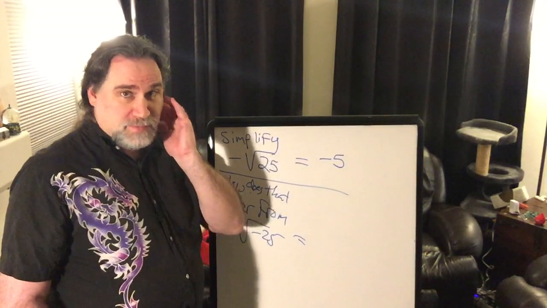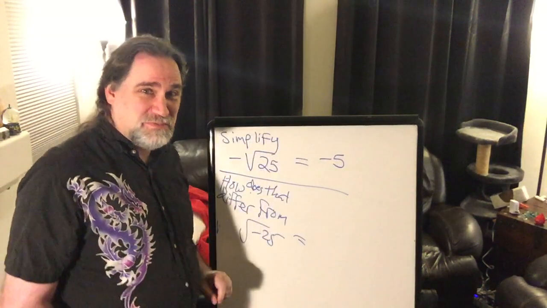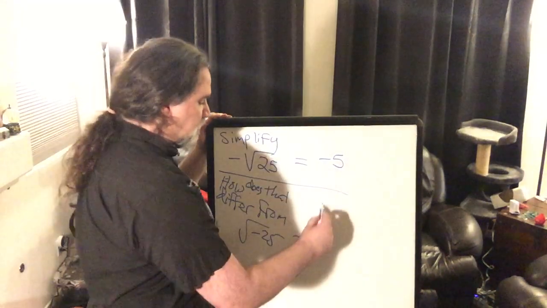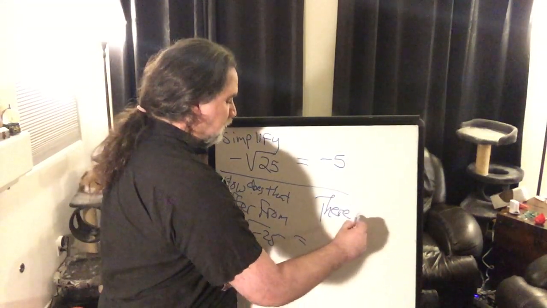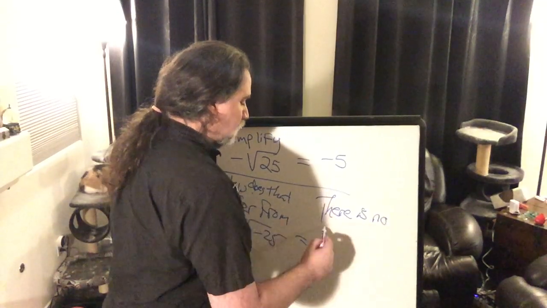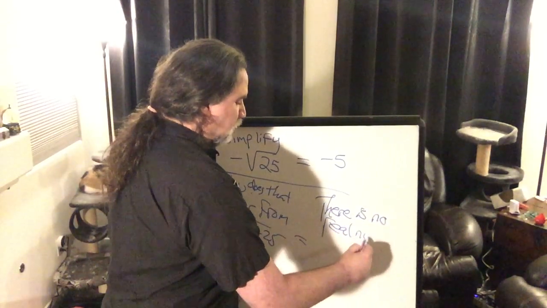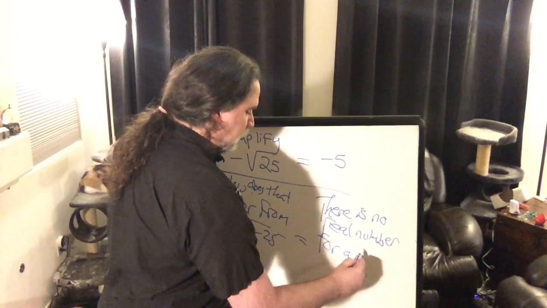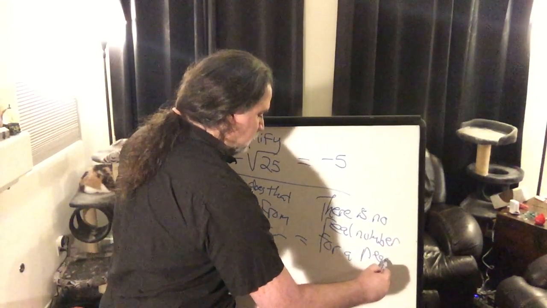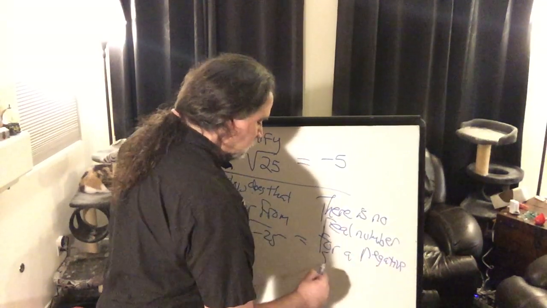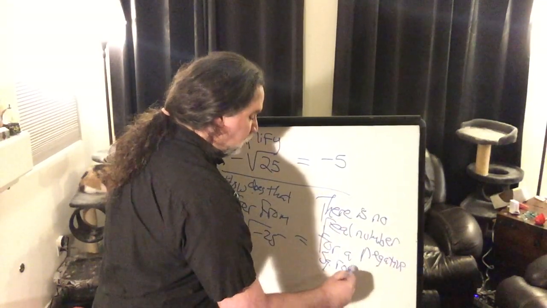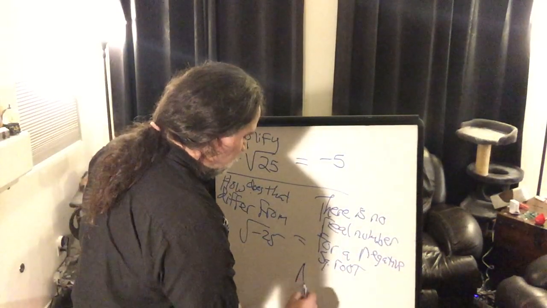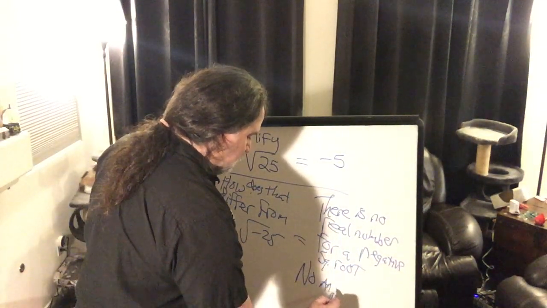Okay? And I'm going to be very specific on this one because there is no real number for a negative square root. Well, what does that exactly mean to us? That means no answer. No answer.